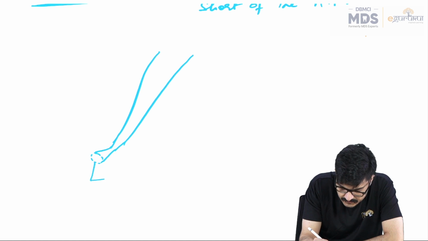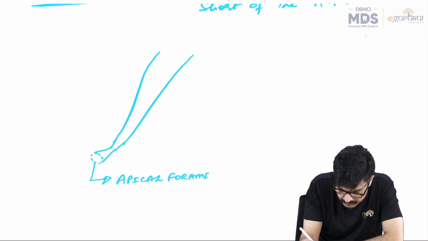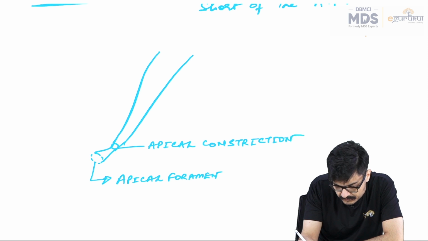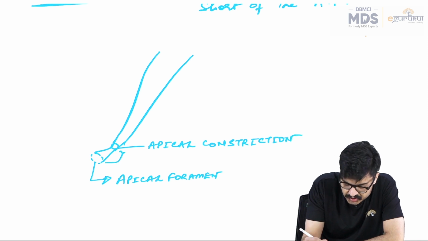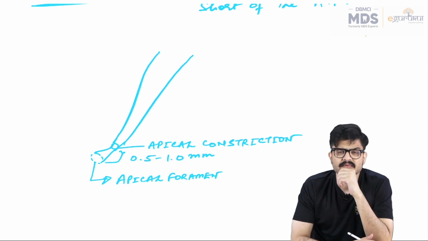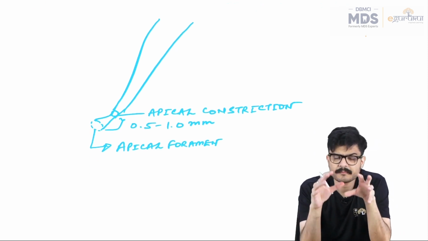So this is the apical foramen, and this is the narrowest part of the root canal system, the apical constriction. The apical constriction is short of the apical foramen by 0.5 to 1 millimeter, friends.